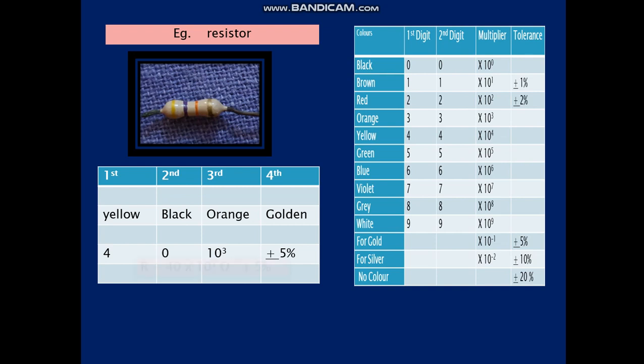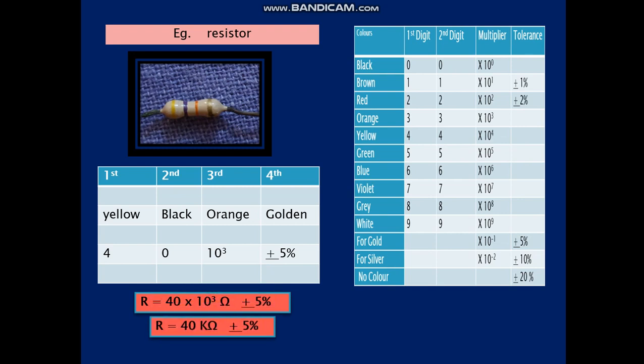So the value of the resistance is 40 into 10 raised to 3 ohms plus minus 5%. So it comes out to be 40k ohm plus minus 5%. That means the resistance can vary from 38k ohms to 42k ohms if it is calculated.